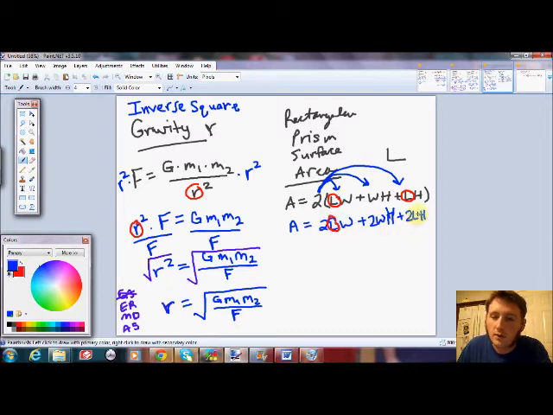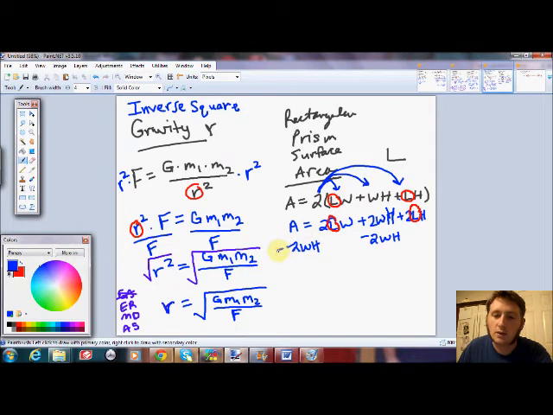Now, remember, we want these L's by themselves. So this piece doesn't have an L at all, and it's being added, so we can go ahead and subtract that. That we can handle. That minus didn't come out very clear.